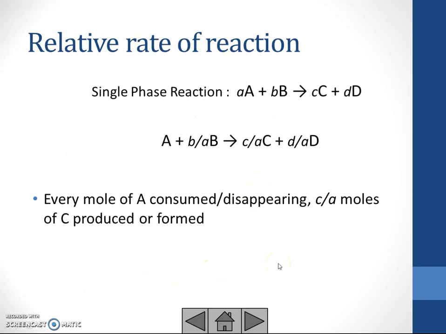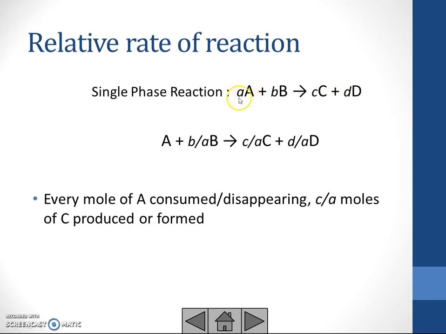Relative rate of reaction, single phase reaction. This is an example of a single phase reaction: A plus B producing C plus D. The small letters represent the stoichiometric mole coefficients for each substance.